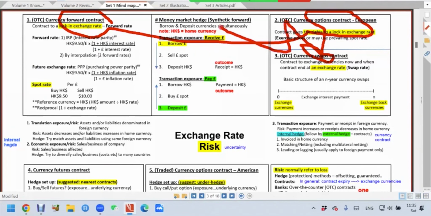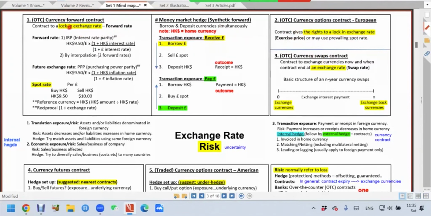So we'll go through forward, option, money market, and this one we come back to later, after interest rate swap.